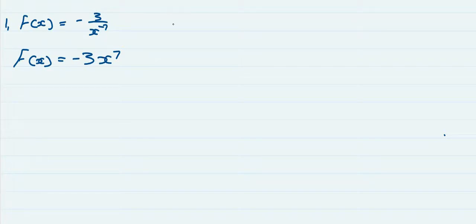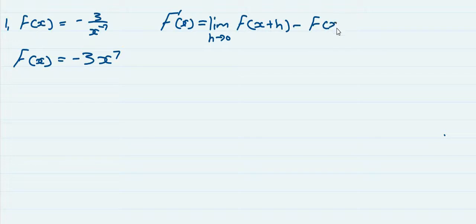So from first principle we know that f prime of x equals the limit as h approaches 0 of f of x plus h minus f of x, all divided by h.